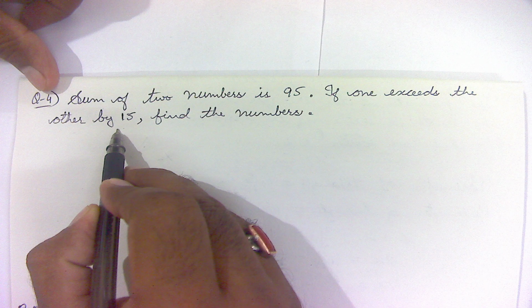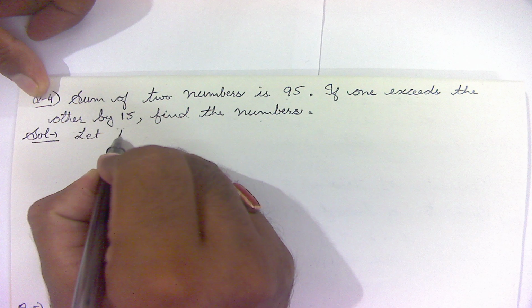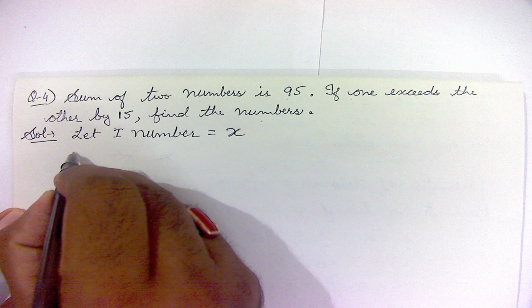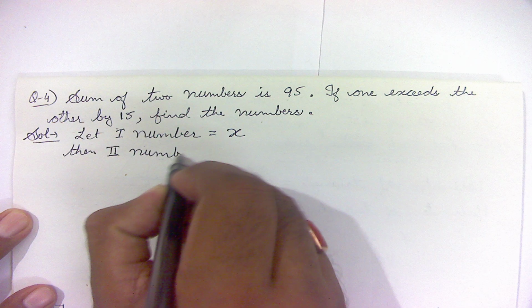So the solution for this, what we will do is, let the first number be x. Suppose we take one number as x. Now if you are taking one number as x, what would be the second? Now there are two unknown numbers and we have only one variable to be taken because you are dealing with only linear equations with one variable.